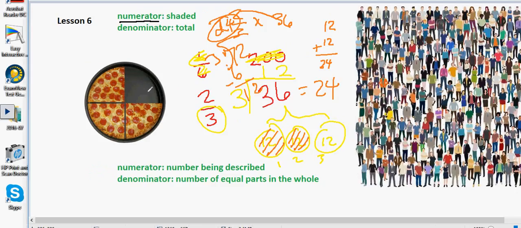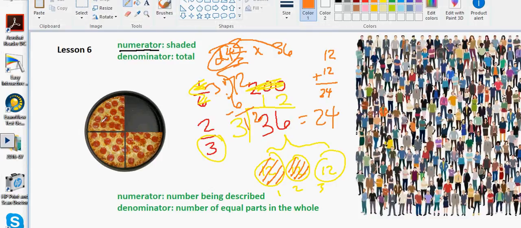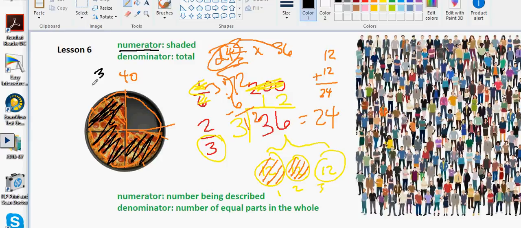If I had, let's say, 40 pieces of pizza inside of here, 40 total, and I wanted to describe 3/4 of 40, so there's a lot more slices in here, how many would be in here if there were 40 total? So 3/4 of 40. You could understand that as, let's divide 40 into 4 groups and multiply how many are in each of those by 3, the way we started doing all of this.